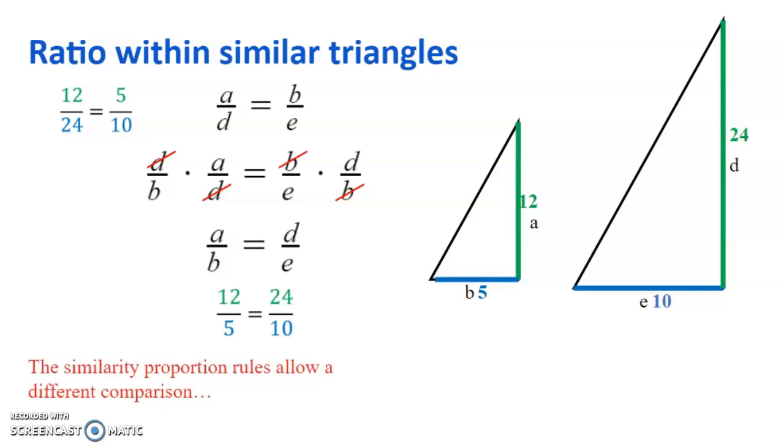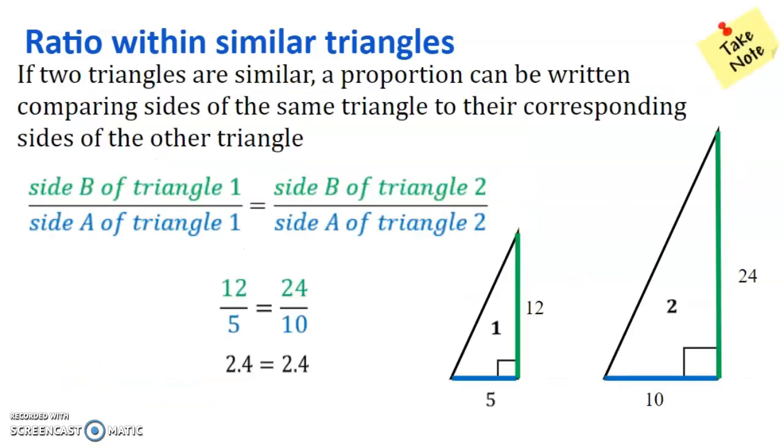So what this is telling us is that the similarity proportion rule allows a different comparison. Instead of comparing corresponding sides from the two different triangles, we are comparing the ratio within a triangle to a ratio within another triangle that are similar. So this is where you're taking notes.